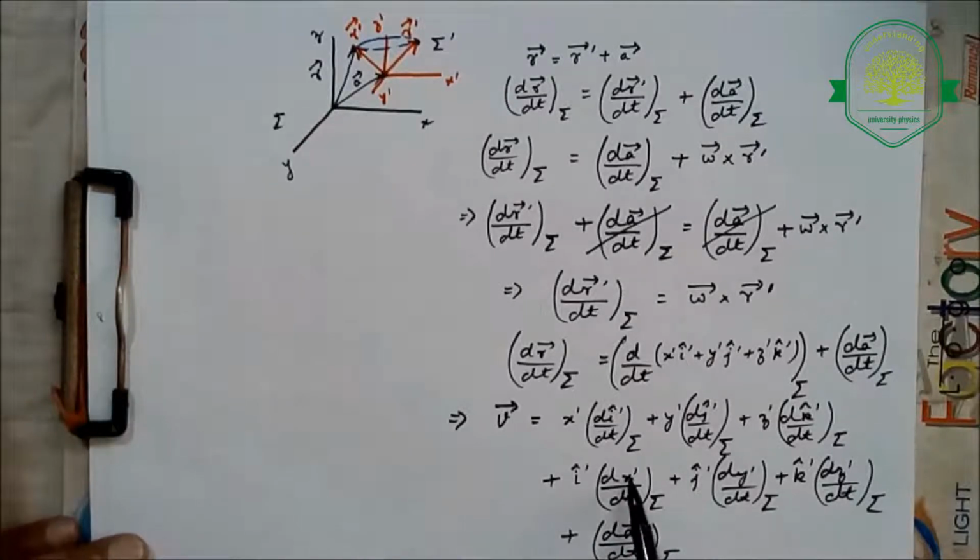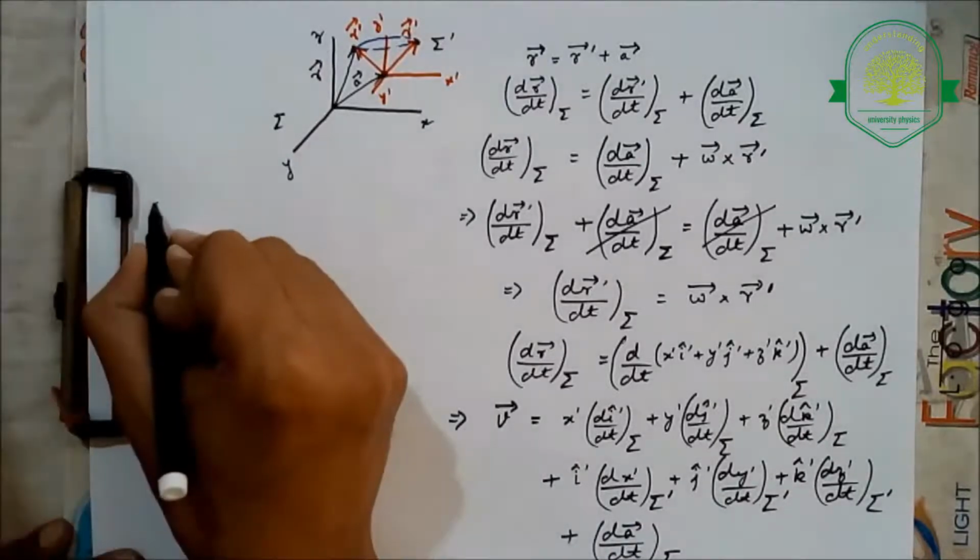Now here we are only differentiating scalar functions of time, so it does not matter from which frame we differentiate them. So we can as well write sigma prime in place of sigma, and this whole thing becomes dr prime over dt as seen in the sigma primed frame of reference, because in the sigma primed frame these vectors are constant vectors.